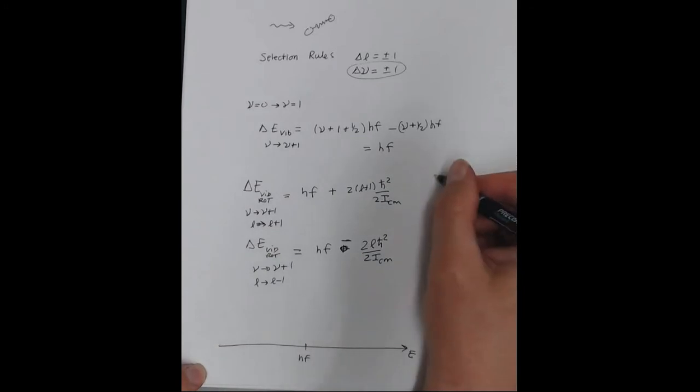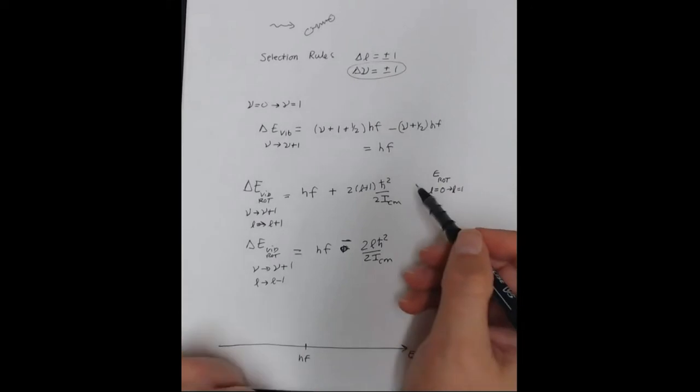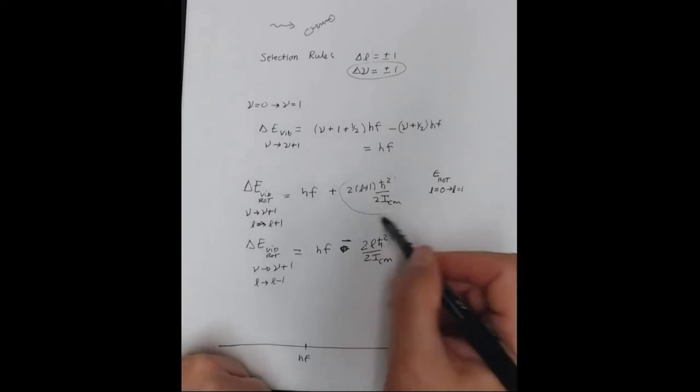Let's look at some specific cases here. Let's look at the rotational part when we go from L equals 0 to L equals 1. So we're going to increase, so that's this one here.